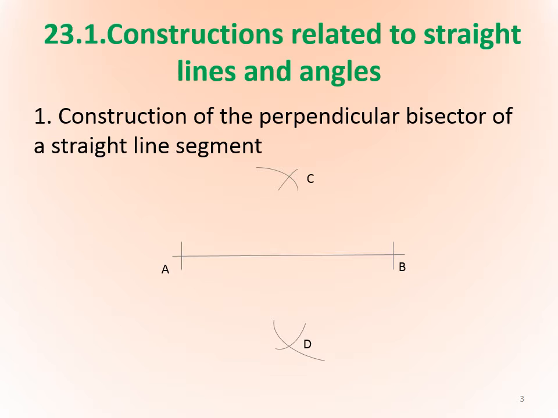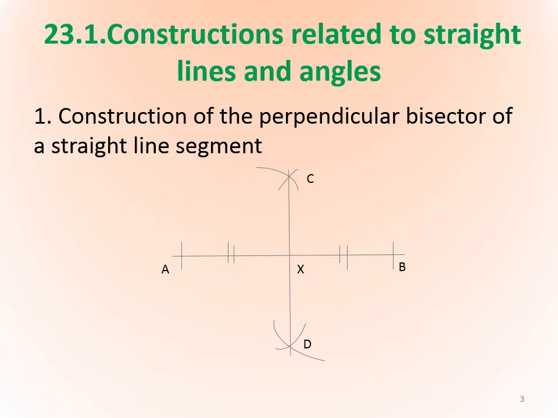Now, take the ruler and draw a straight line through the points C and D. The intersection point is X. Using a ruler, measure the lengths of AX and BX. I have got the same length, so AX equals XB.